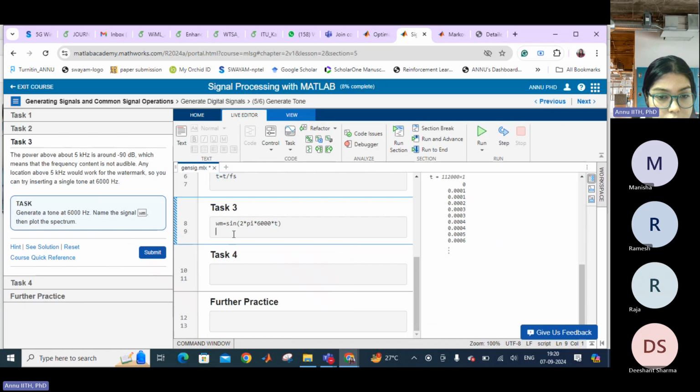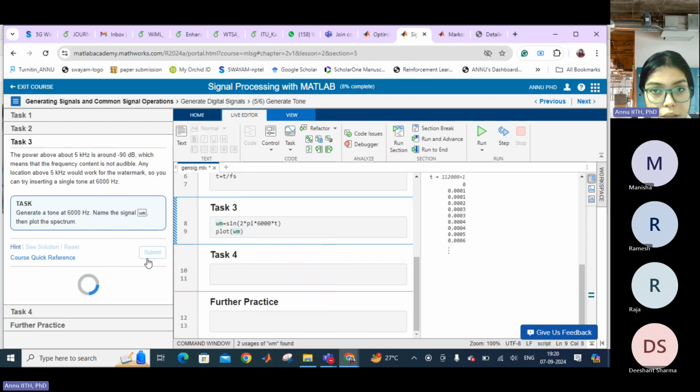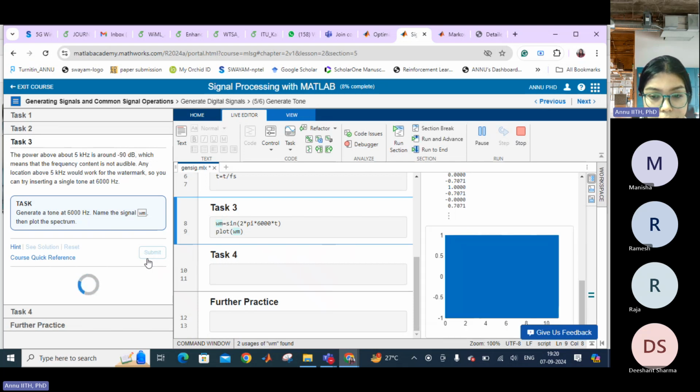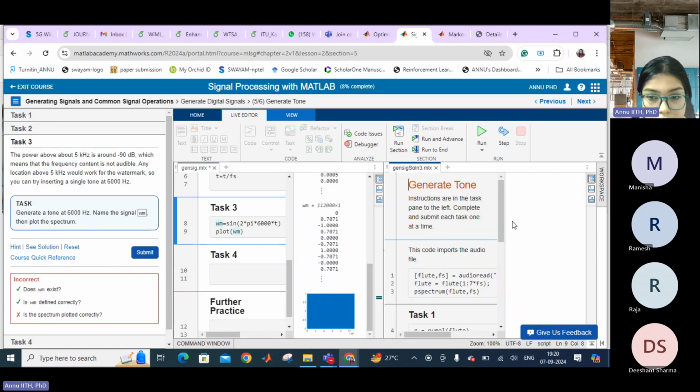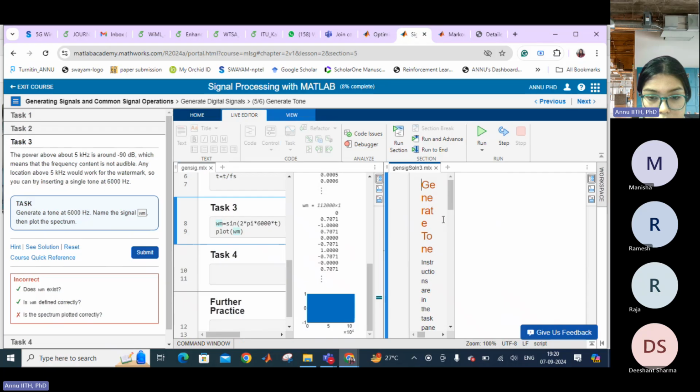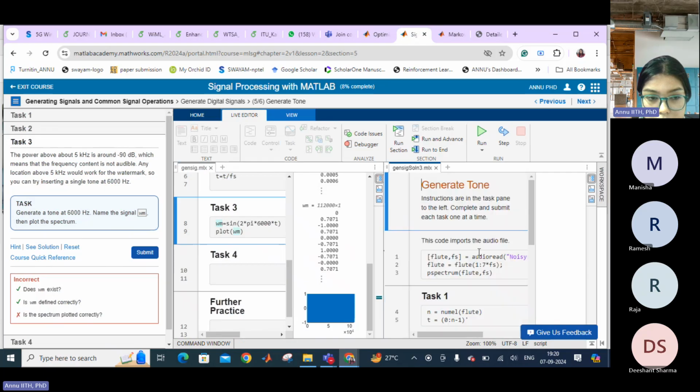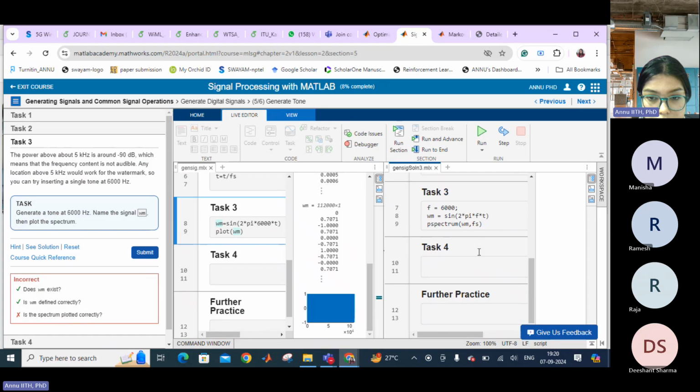Then plot. I don't know whether it is correct or not, but let's see the solution.